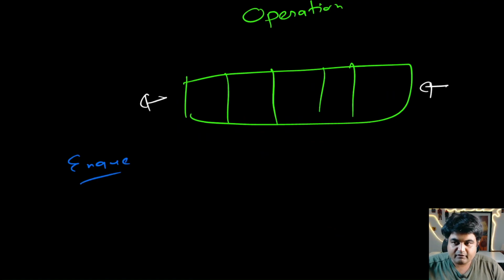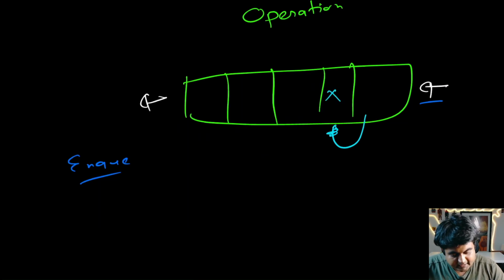Enqueue means that we are inserting an element at the rear end of a queue. So this is going to be the first place where an element gets entered, and if any new element comes in, depending on the implementation, essentially this element would move forward in place. So this is going to be X, and let's say a new element Y comes in, then Y would typically enter once again at the rear end of the queue.